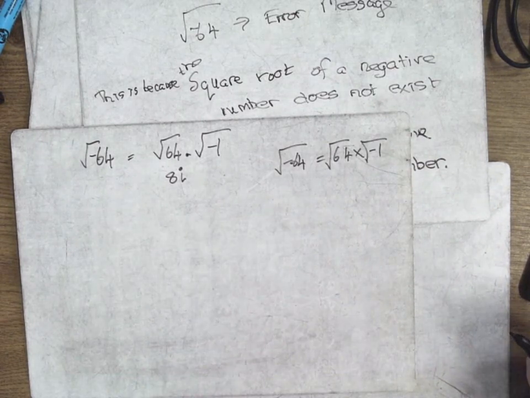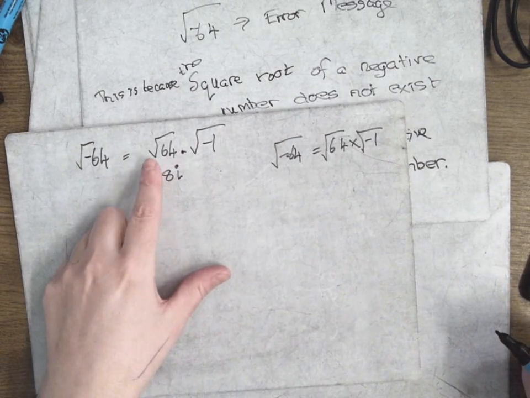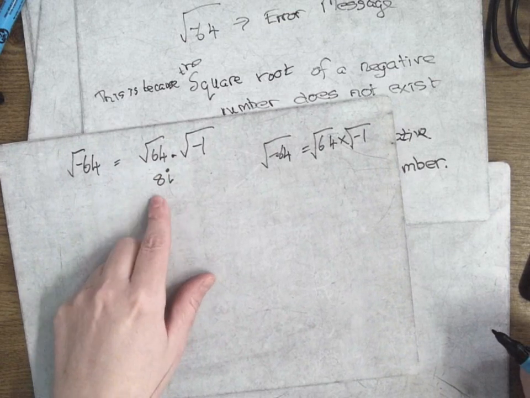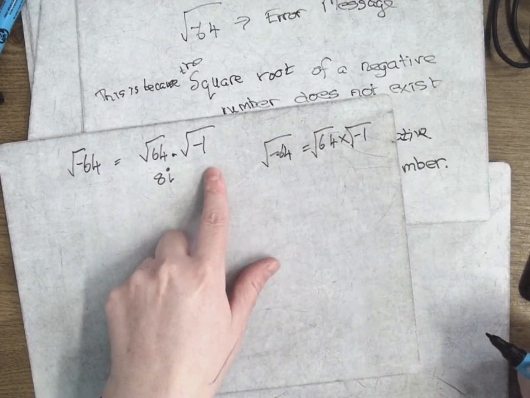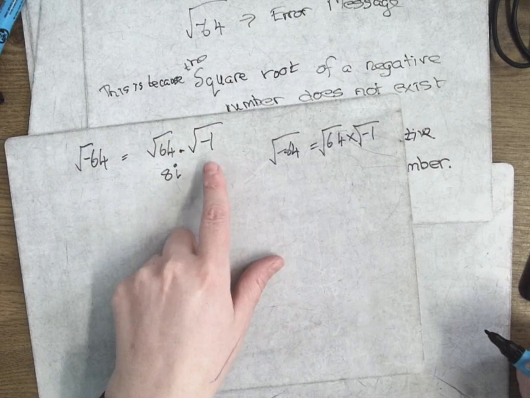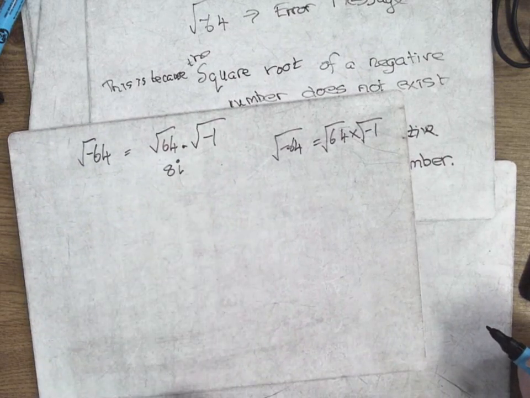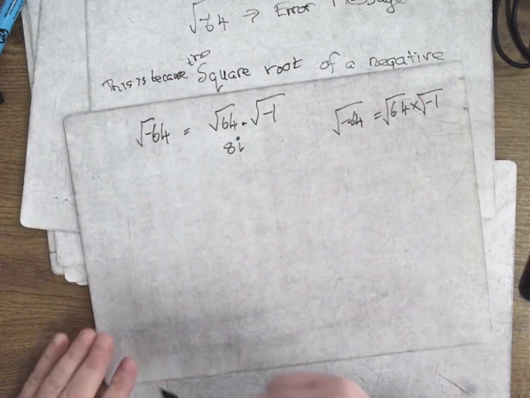I just gave everything a square root sign. But I know what the square root of 64 is. It's 8. And in this whole branch of maths, every time I see the square root of -1, I stick in an i.